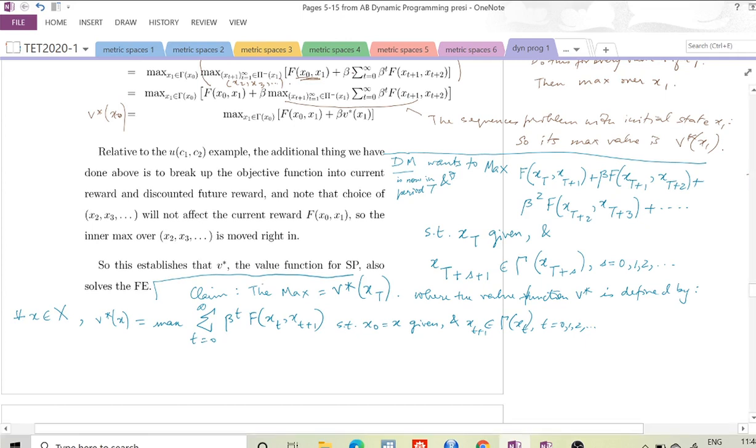So more formally, in order to see this, we first rewrite the discounted present value.